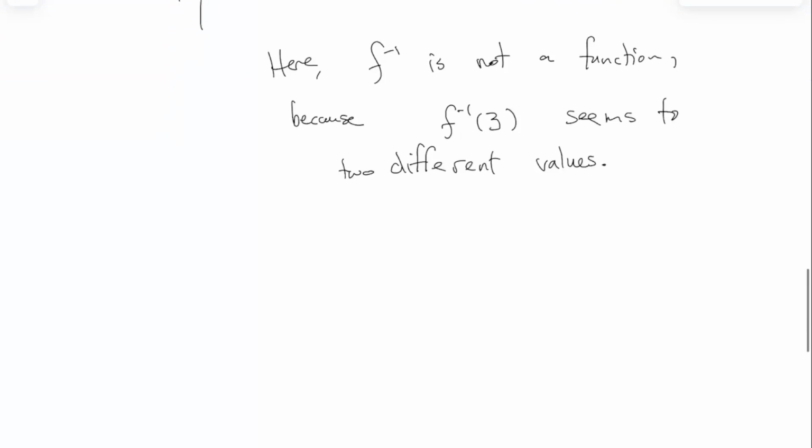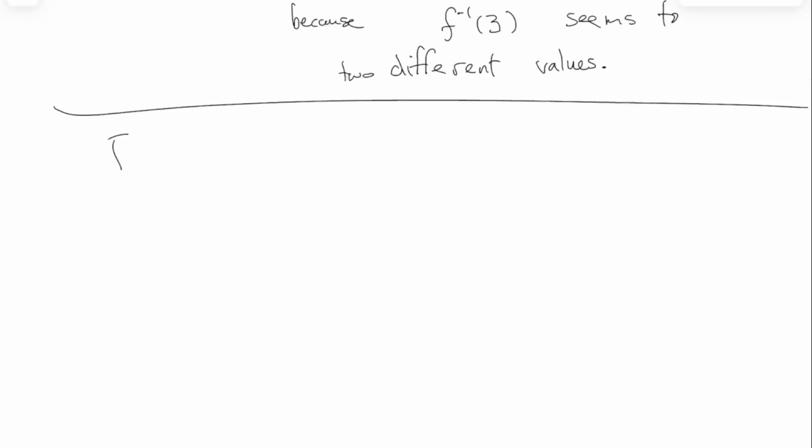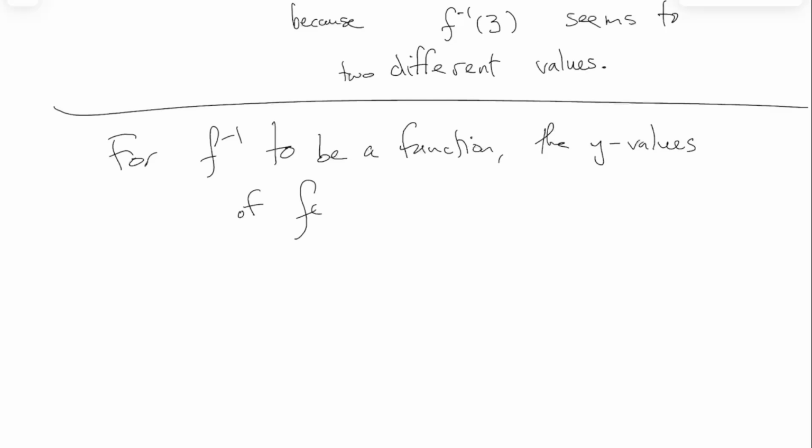So for f inverse to be a function, the y values of f of x must never be repeated. That was the problem. If you get the same y value twice, that's okay for a function, but in that case you cannot do the inverse function.